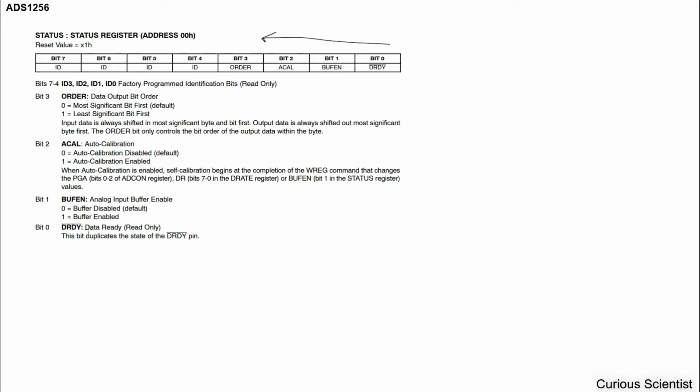So here we don't really do anything. We can maybe change the value of the automatic calibration, so you have the self-calibration at each step, but it's not important, and all the other things are not so important from a beginner's perspective.